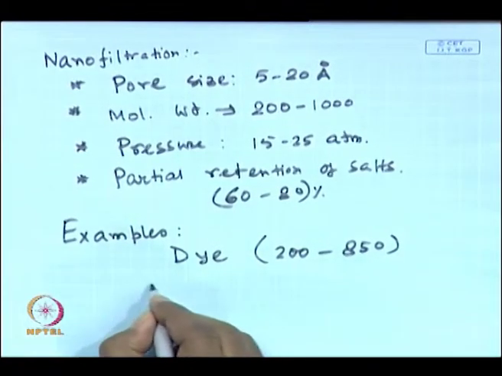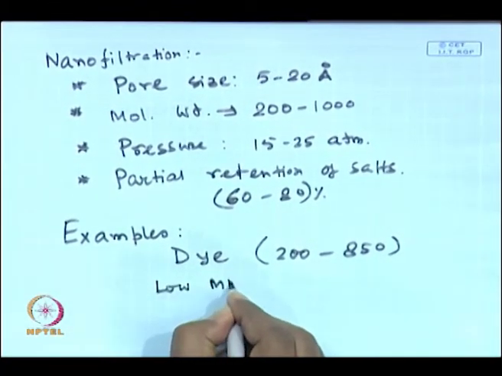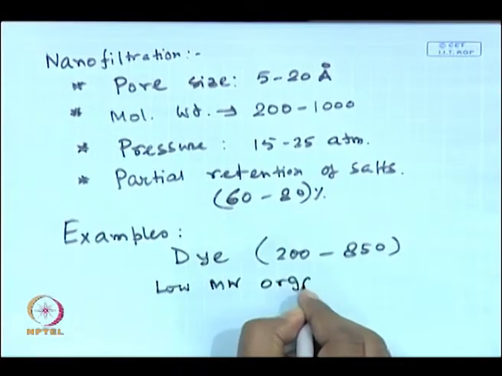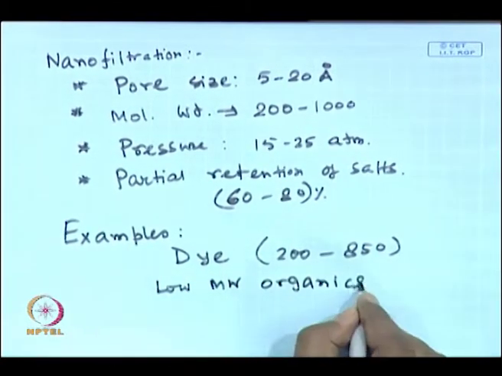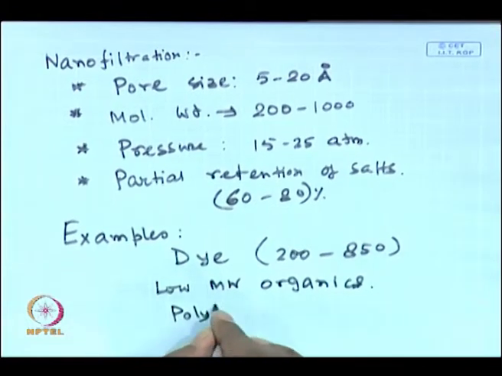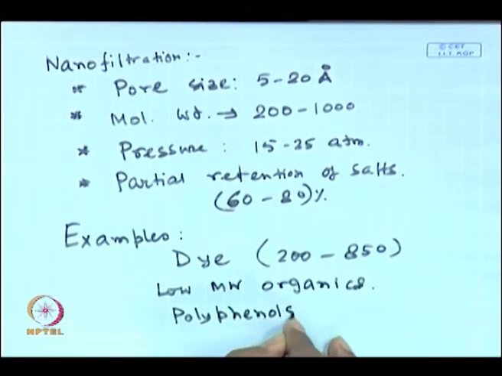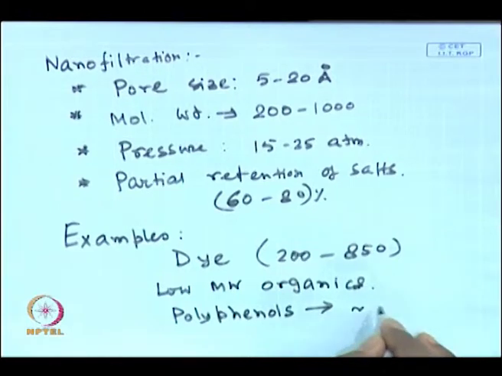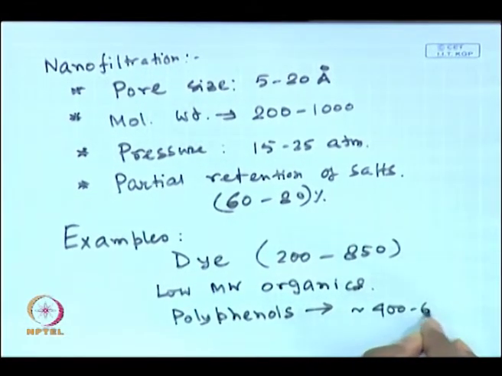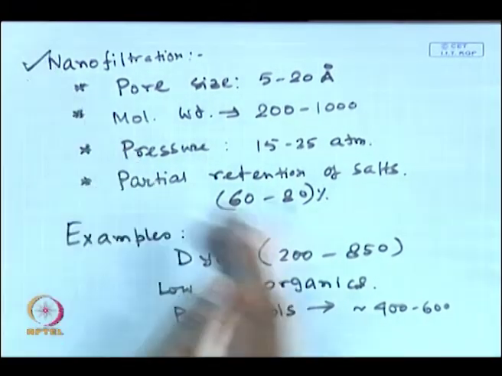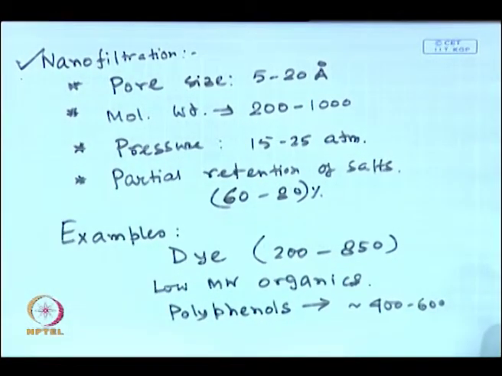Small low molecular weight organics, for example polyphenols, have a typical molecular weight between 400 to 600. They can be separated by nanofiltration completely. So you can select an appropriate cutoff or characterized nanofiltration membrane and separate out the polyphenols or dye, and nanofiltration has tremendous application in the treatment of textile effluent.